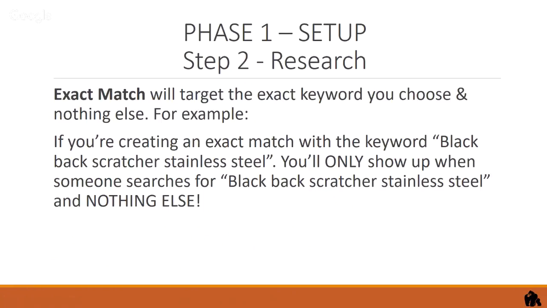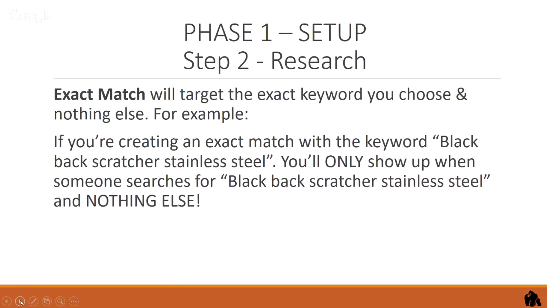You'll only show up when someone puts in that search bar in Amazon exactly that term, black back scratcher stainless steel, nothing else. So if there's a back black scratcher, with the black and the back the other way around, I will not show up. It has to be exactly word for word in the right order. So that's the exact. They're the 3 match types that we'll be looking at, and that's the definition of each of them.